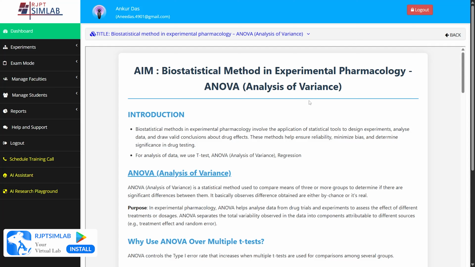So our decision will be unbiased and we can determine the significance in drug testing. For analysis of data, we use t-test, ANOVA, analysis of variance, and regression. These are the various biostatistical methods that we use in experimental pharmacology.